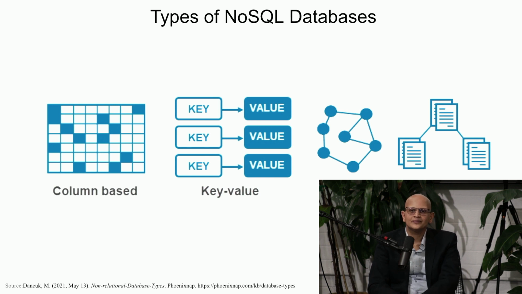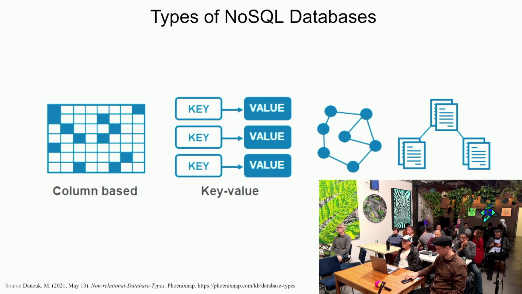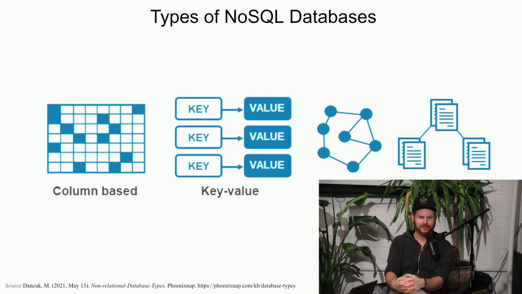One thing though, there's a bit of a pet peeve here. NoSQL started off as meaning not SQL, as in saying it's not a SQL database. Now conventionally it should be, and it is, not only SQL, because SQL is a language dialect.